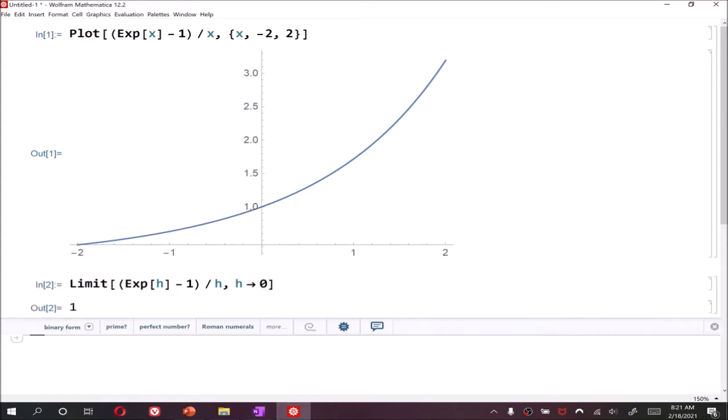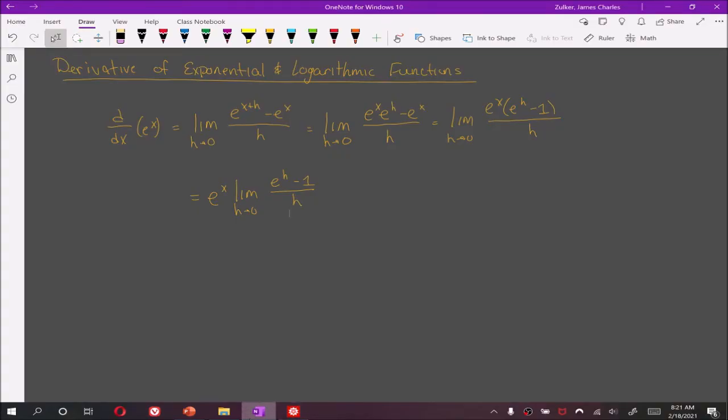And there you see, it gives us 1. So since that one was 1, we're left with e to the x times 1. And that is e to the x. So therefore, the derivative of e to the x is just e to the x.